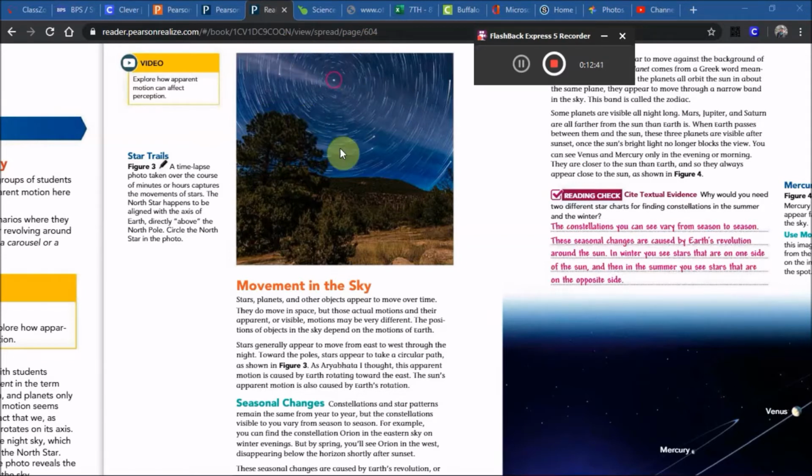That's because the Earth is actually spinning. These stars aren't moving, they're in a fixed position, but the Earth is spinning, so it appears as if these stars are spinning.